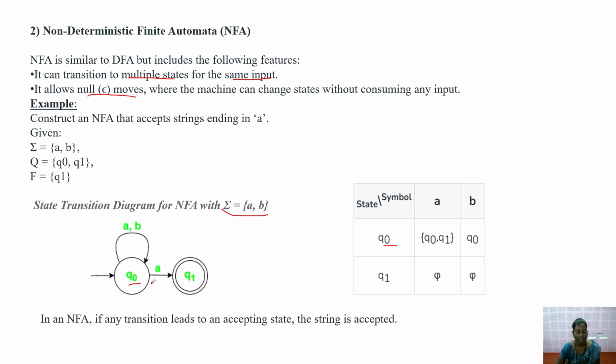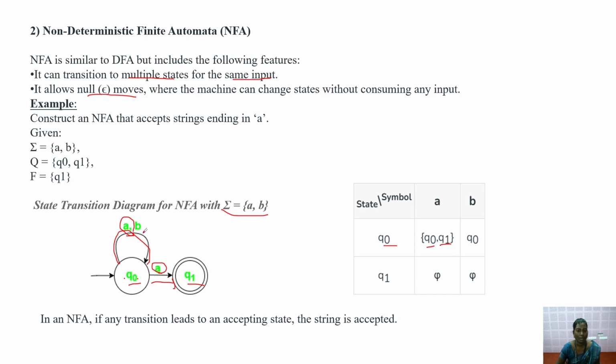From Q0, on input symbol A, it is passed to Q1. Next, in Q0 state with input symbol A, it also reaches the Q0 state. So on A, Q0 to Q1 the input symbol has been transferred to Q1.